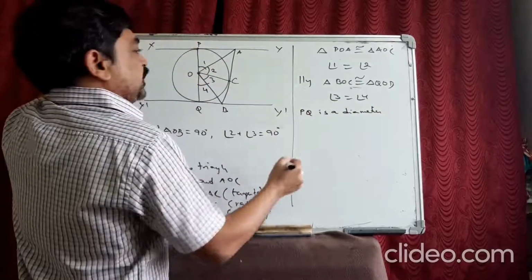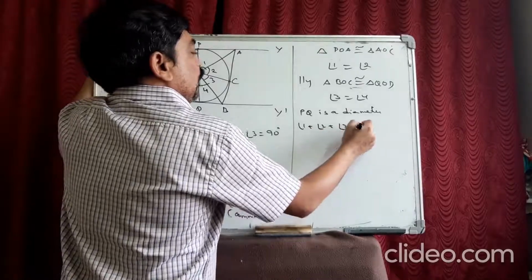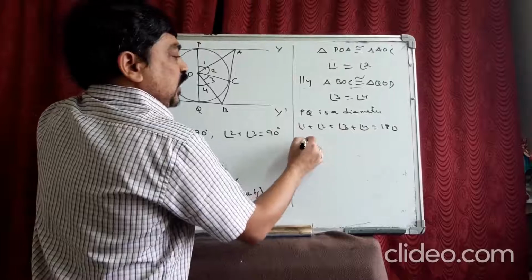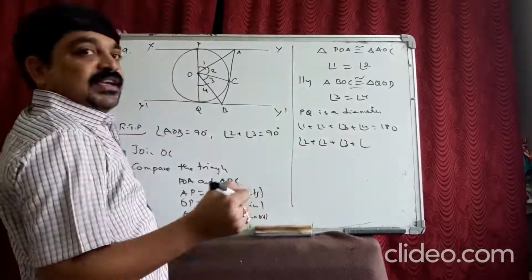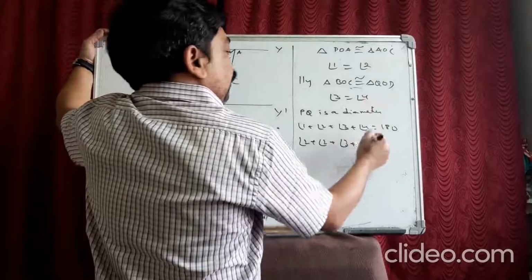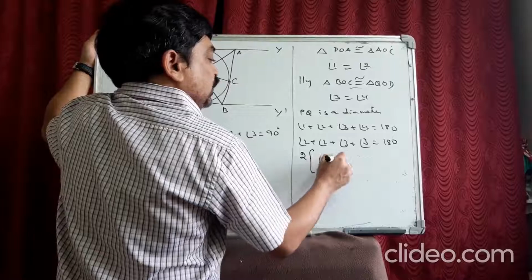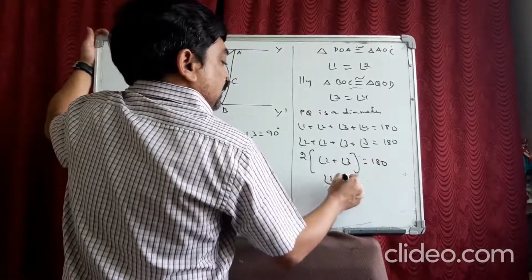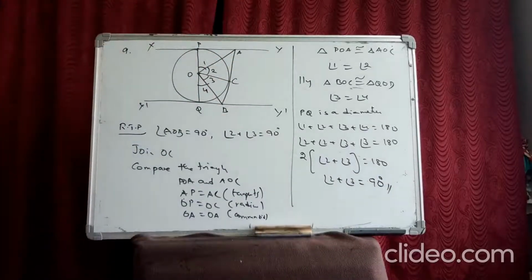On a line, the sum of all the angles should be equal to 180. Agree? But angle 1 equal to angle 2. I keep angle 2 like that because we need it in terms of angle 2 and 3. Angle 4, I write angle 3. So this becomes 2 into angle 2 plus angle 3, it becomes 180. So angle 2 plus angle 3 becomes 90. Okay?